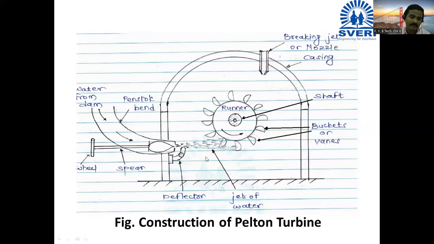Because it requires more space if you compare with other types of turbines. So you can note down, this turbine is used for high head condition up to 500 meter.